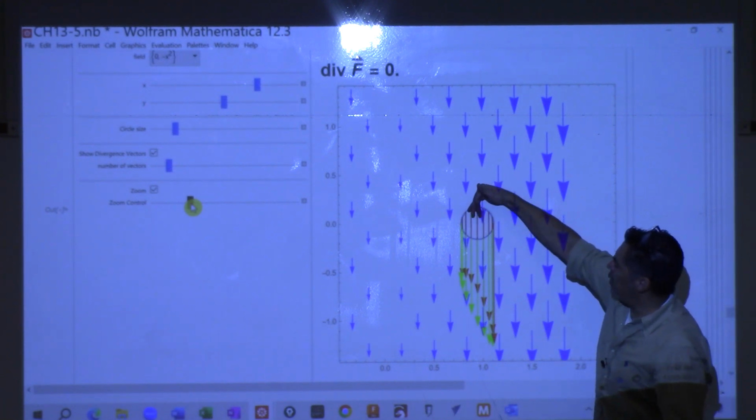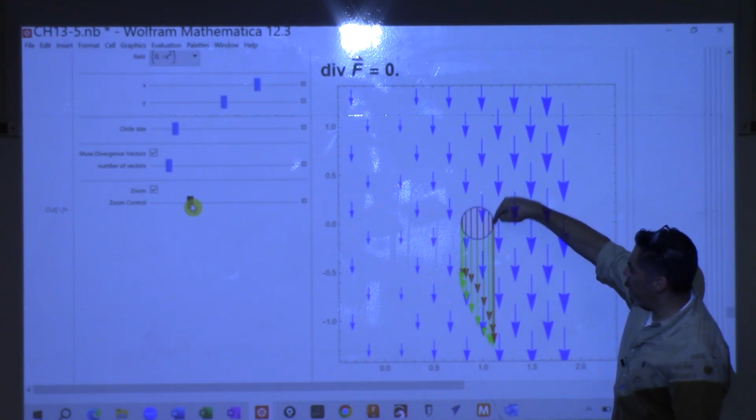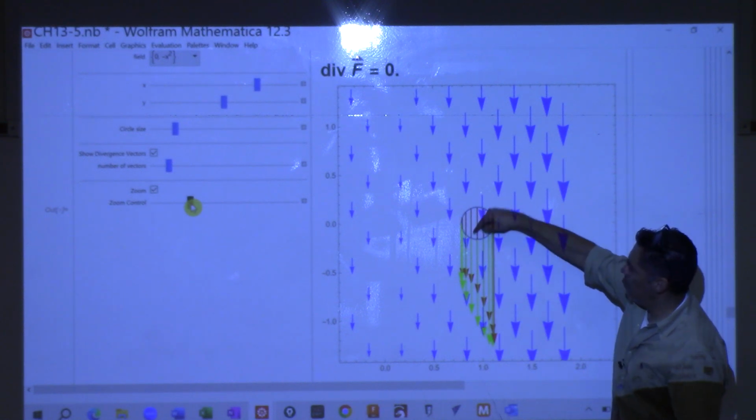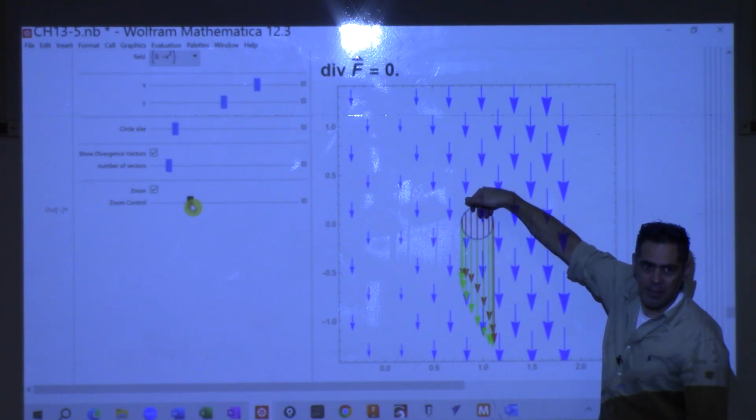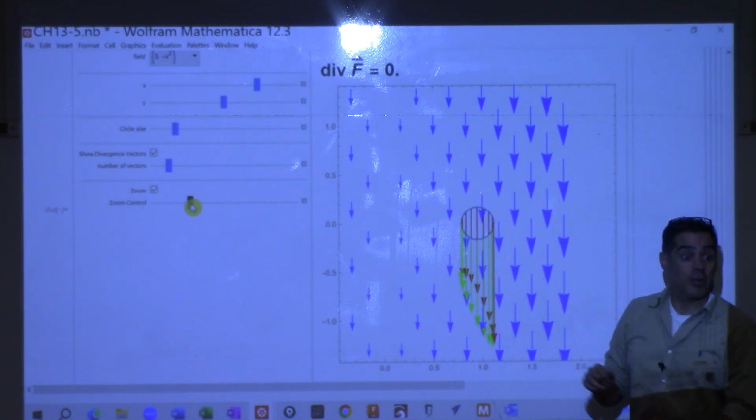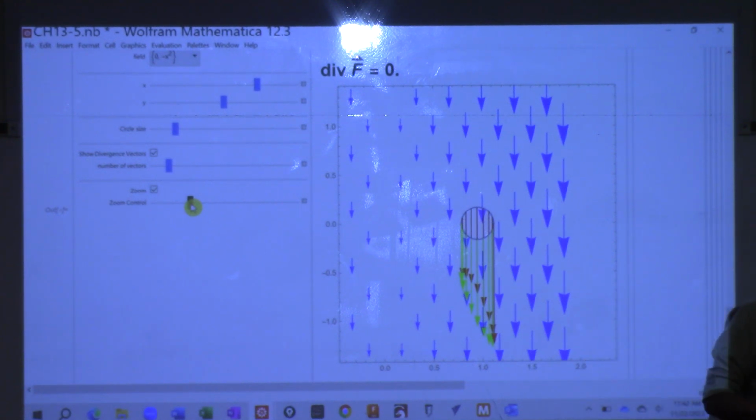As you move to the right along this edge, these vectors get longer, don't they? So there's a lot going in. But then the ones on the front edge are going out too. So again you have a total net effect of the same amount coming in as going out, right? So look at the calculation of the divergence. It's still 0.